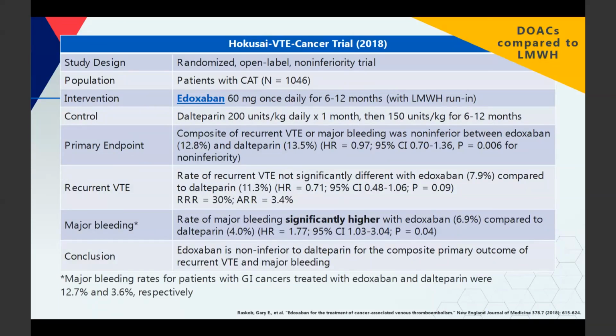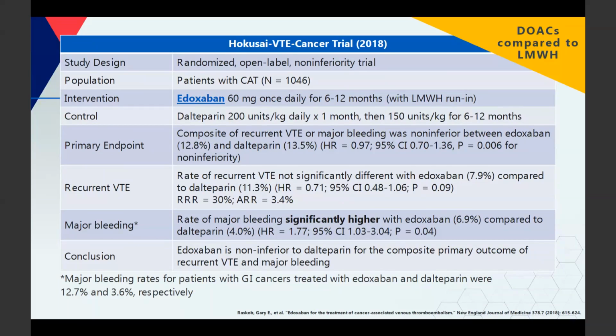The primary endpoint was composite of recurrent VTE or major bleeding, and this was found to be non-inferior between edoxaban at 12.8% and dalteparin at 13.5%. This gives us a hazard ratio of 0.97 and a p-value of 0.006 for non-inferiority.